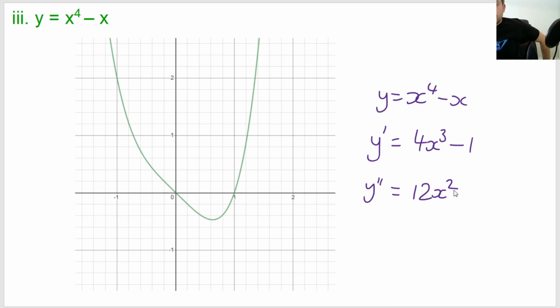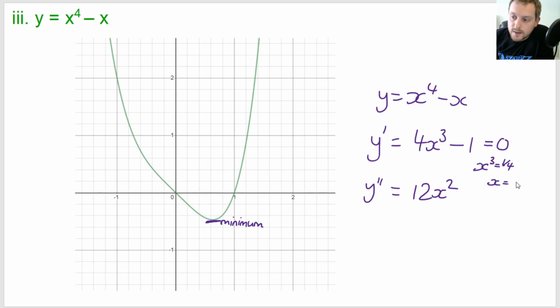Now, you can see this point here is where the minimum is. So this would be found by setting the first derivative equal to 0. So you'd have x cubed is a quarter, and then x is 1 over the cube root of 4, so some horrible number, right?